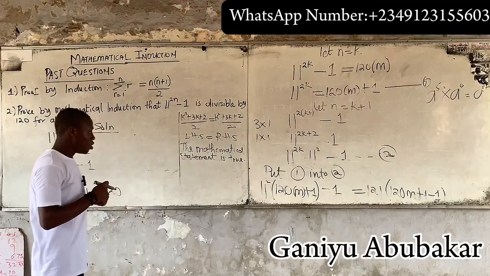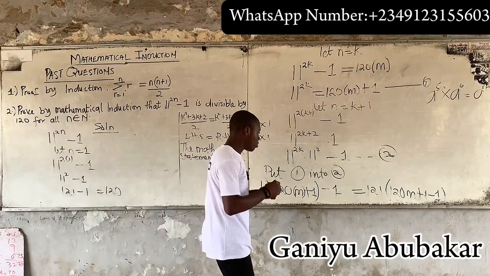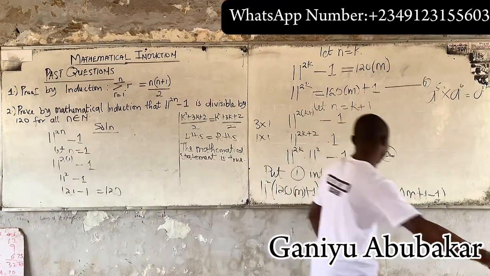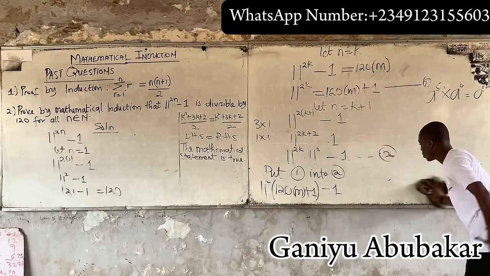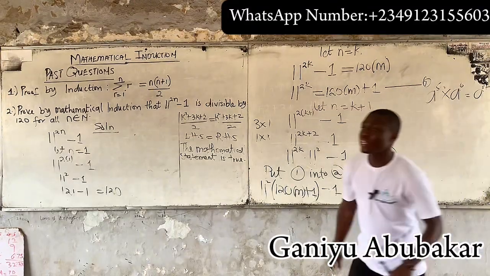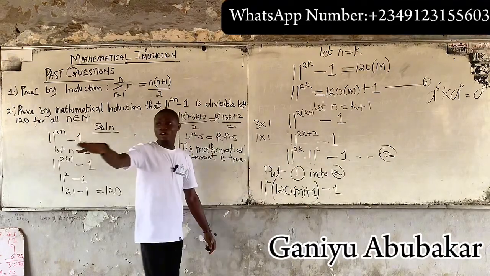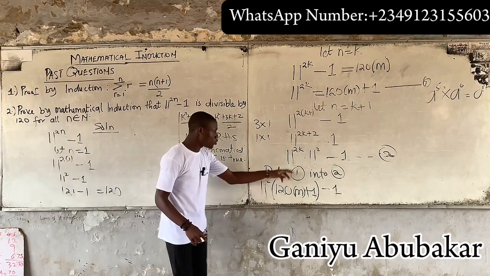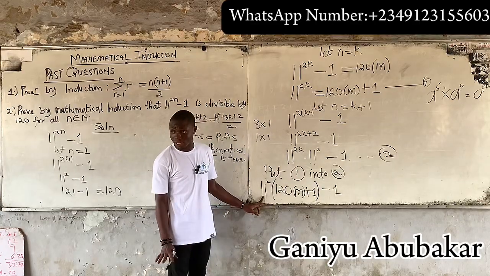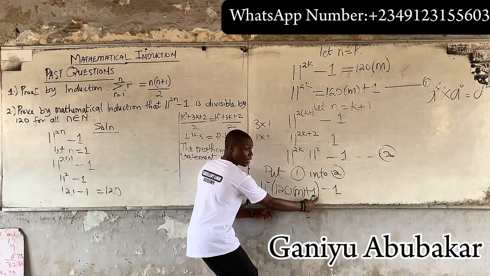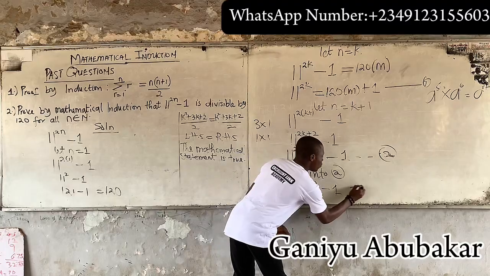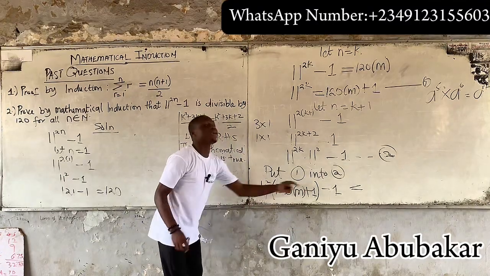Look up. Wait. Listen. 11 squared now is this one, right? Hang on. Listen. 11 squared is this. Listen. This one is this, minus 1.